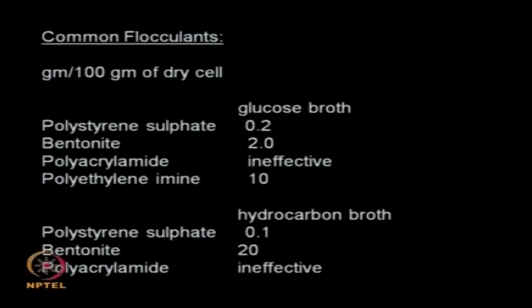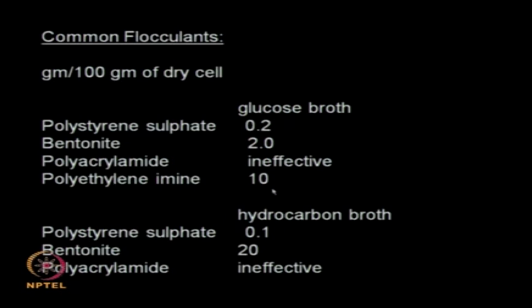There are a large number of flocculants which are used, and the common ones depend upon the type of broth. Suppose you have a glucose based broth, we may use salts like polystyrene sulfate, bentonite, which is a clay, polyacrylamide, which is a polymeric material, polyethyleneamine and so on.